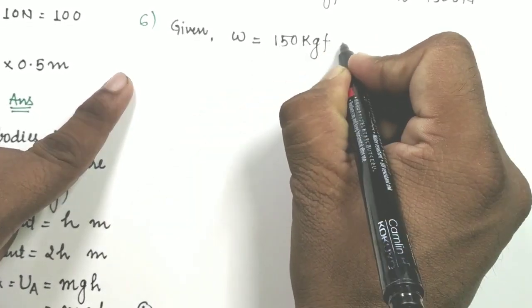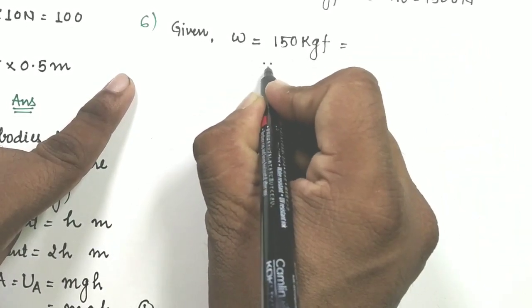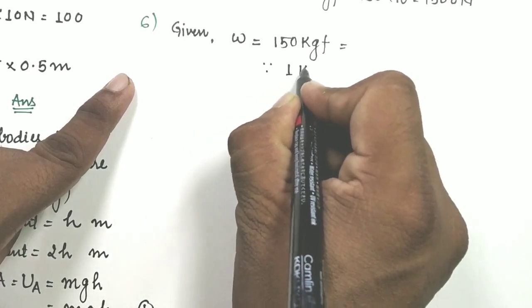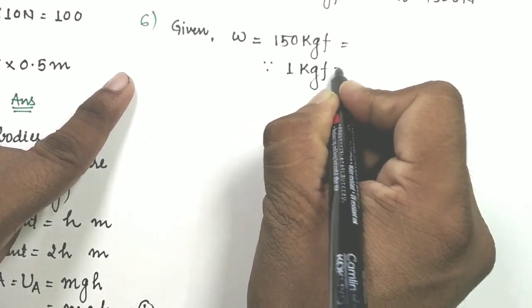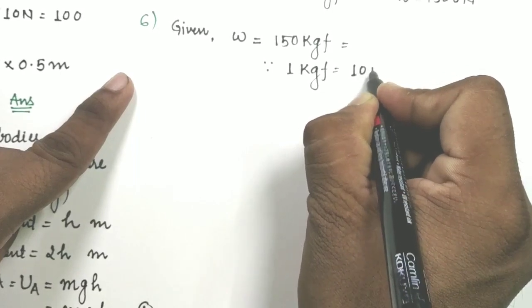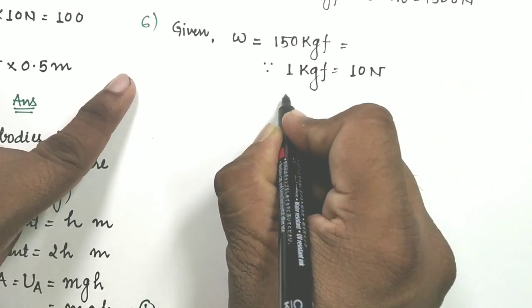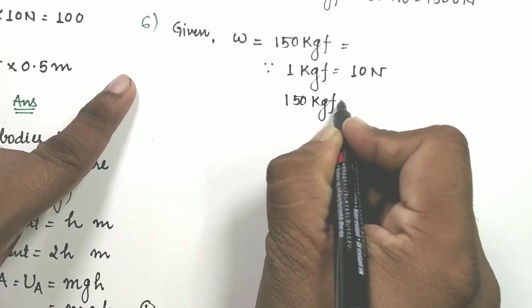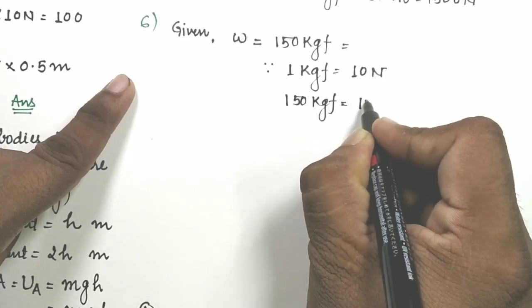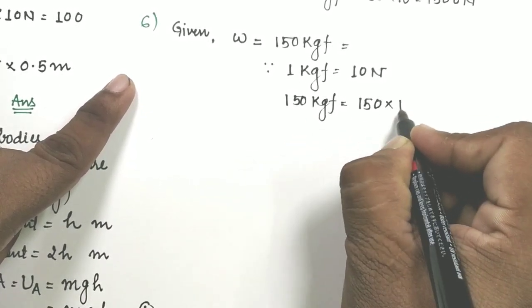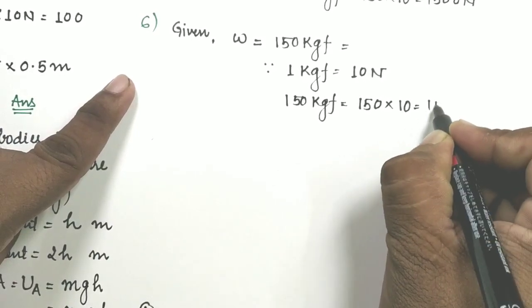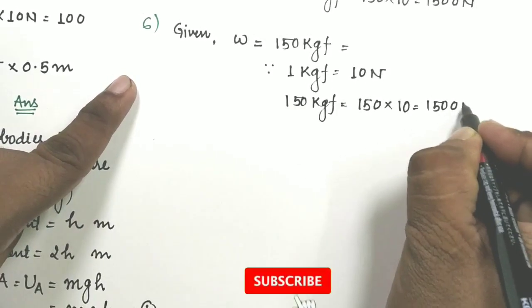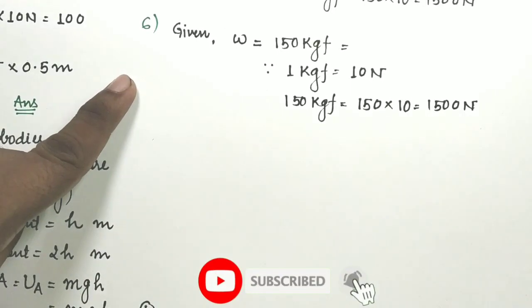Since we know that 1 kilogram force is equal to 10 Newton, 150 kilogram force will be 150 multiplied by 10, that is 1500 Newton, the weight of the body.